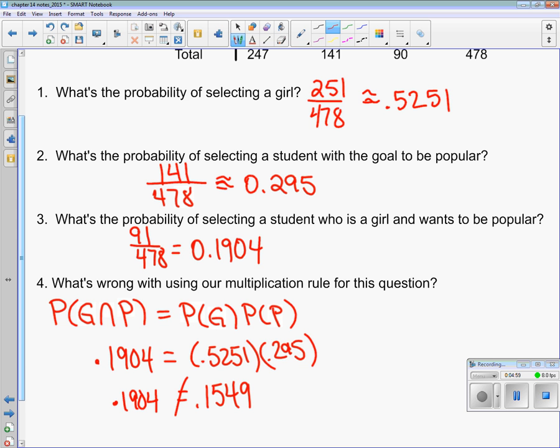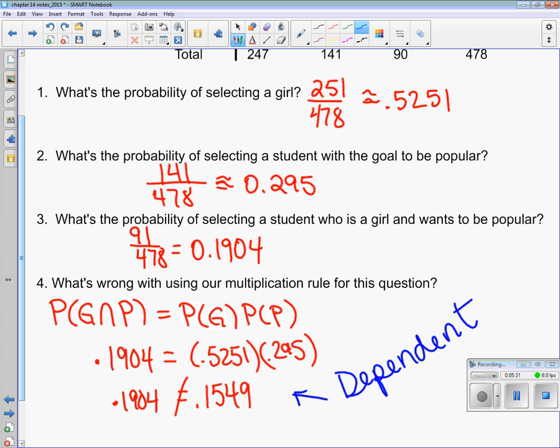Any ideas as to why you think they might not be? Think about just the context of the problem. Why might this not work? When can't we use this? Ms. Macker, you said and means multiply. Well, only if they are independent events. If this is true, you take the and, you multiply, and they don't match, that means these events are dependent on one another. Being a girl and wanting to be popular are dependent events.